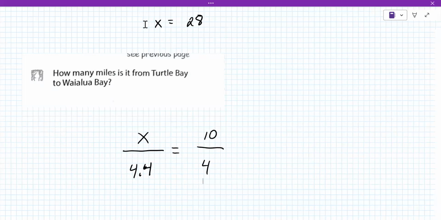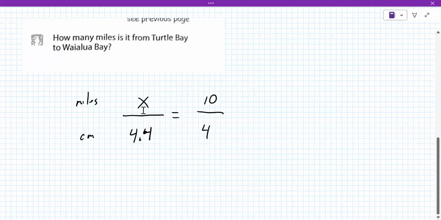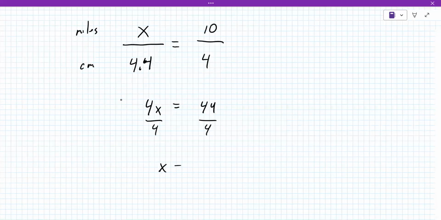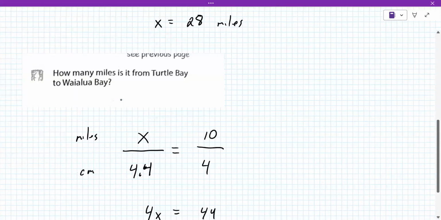So that's the number that goes on the bottom there, because we're keeping the miles on the top, centimeters on the bottom. Cross multiply. 4x equals 44. Okay, good. And then divide both sides by 4. And that's 11. Yes. And we should actually add in units here. 11 miles. Same thing with the previous problem, 28 miles.